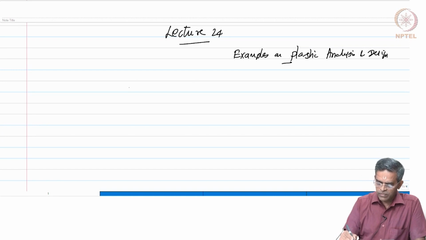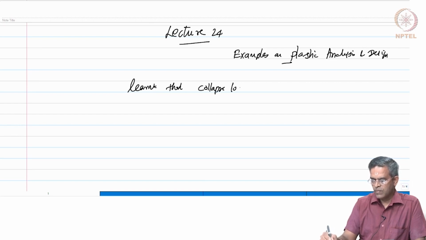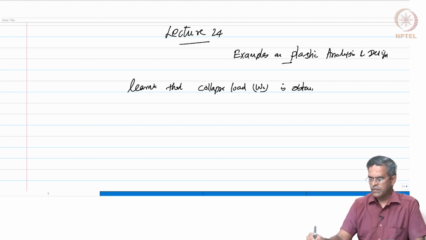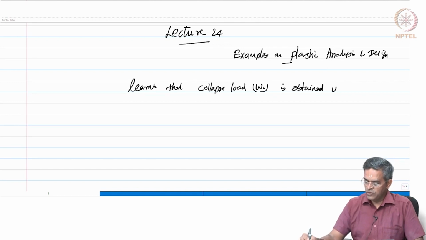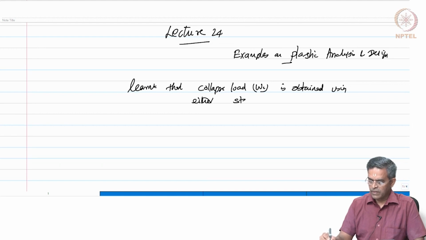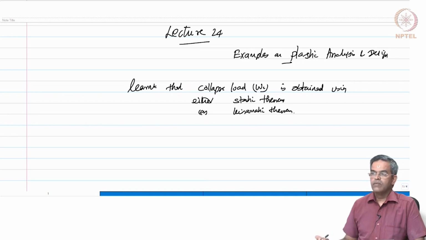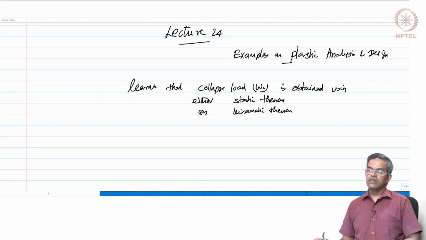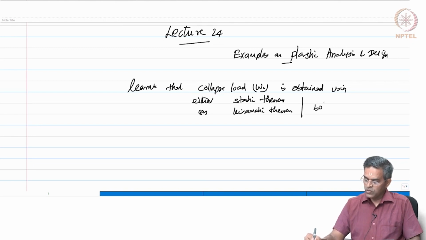We already learned that the collapse load WC is obtained using either the static theorem or the kinematic theorem mostly, but we have also seen an example where both theorems are used.